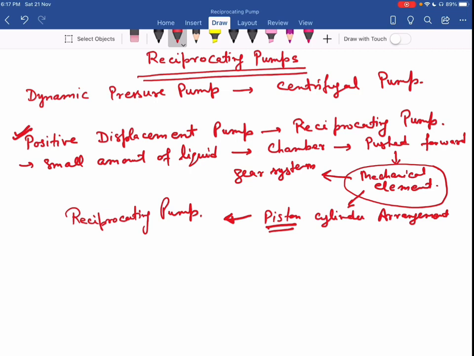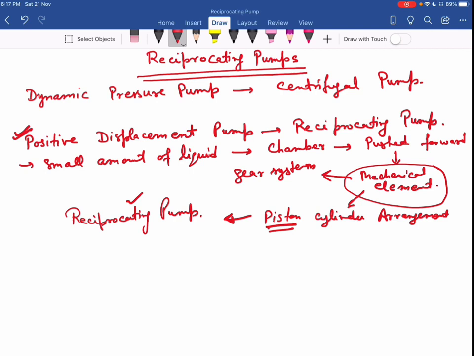Here the chamber is alternately filled with liquid, and that liquid is pumped out with the force of the piston. Again the chamber is filled, and again the liquid is pushed out with the help of the piston, and this cycle goes on.